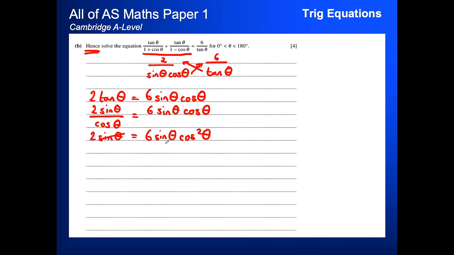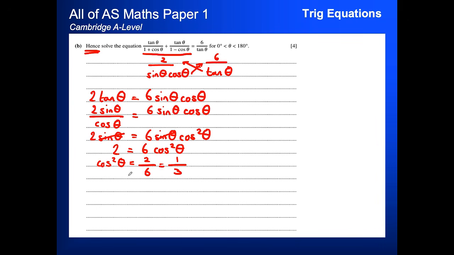I can cancel a sine theta from both sides here. That gives me 2 is equal to 6 cos squared theta. And now we're just working our way through, so we can divide by 6 here. So cos squared theta is equal to 2 over 6, which is equal to 1 over 3.